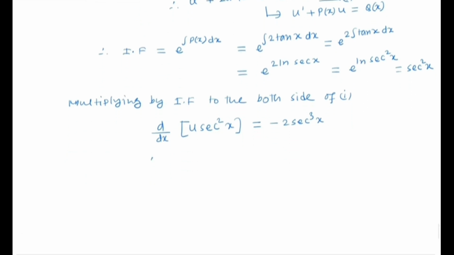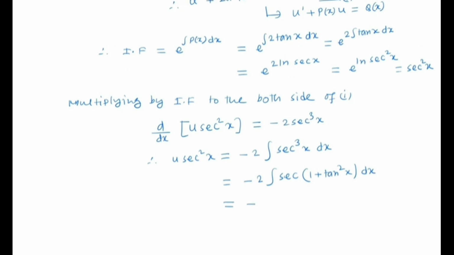So u sec square x is nothing but minus 2 into integral sec cube x dx. Now we will write it in this way: sec x into sec square x, and we write sec square x as 1 plus tan square x dx.